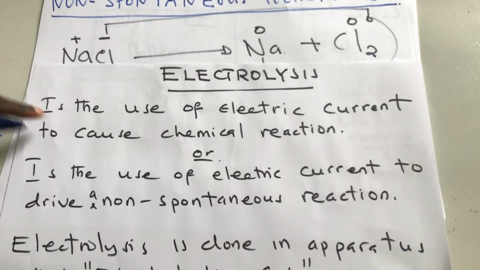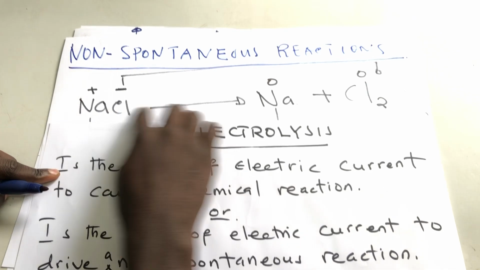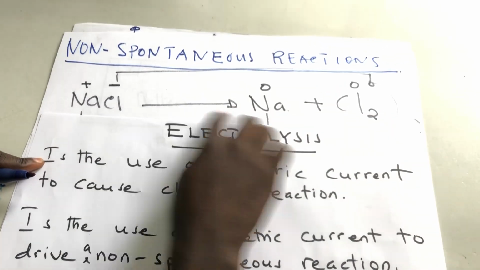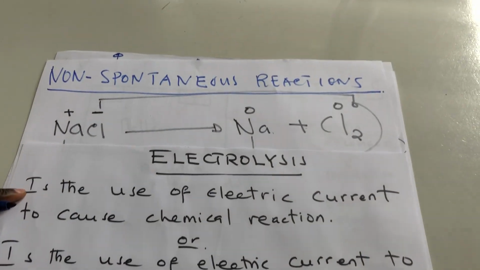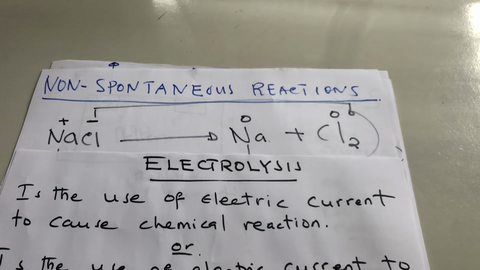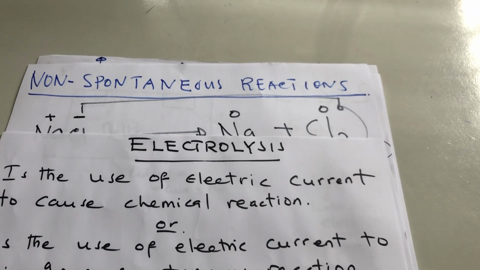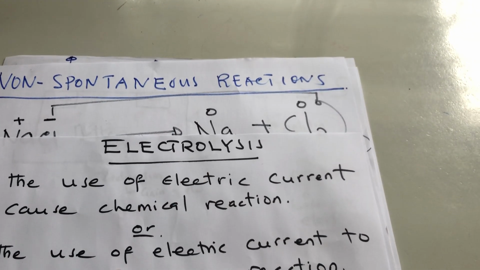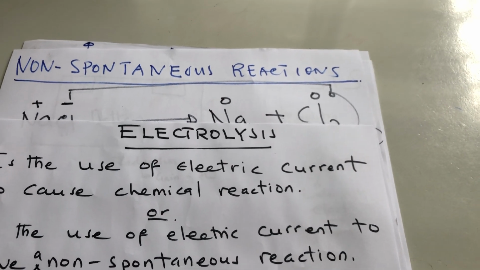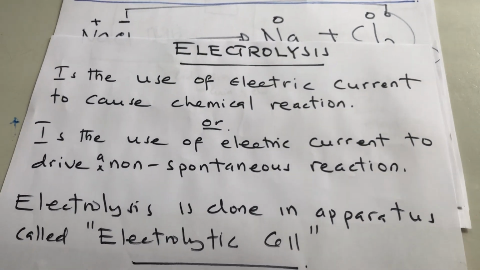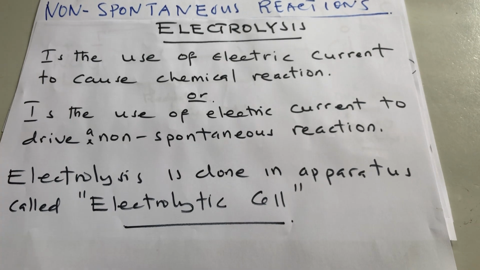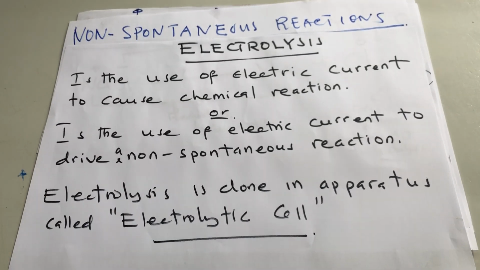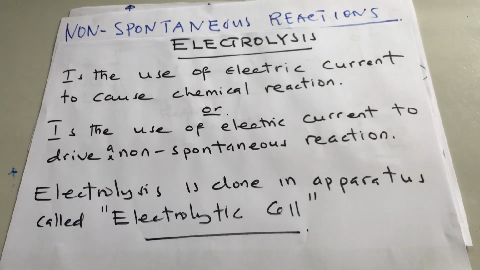Tumeweza kuona kwamba hii reaction isingeweza kufanyika. Kwa kama haiwezi kufanyika yenyewe tunaita non-spontaneous reaction. Lakini baada ya kuweka umeme iliweza kufanyika. So electrolysis is the use of electric current to drive a non-spontaneous reaction, or electrolysis is the use of electric current to cause chemical reaction.